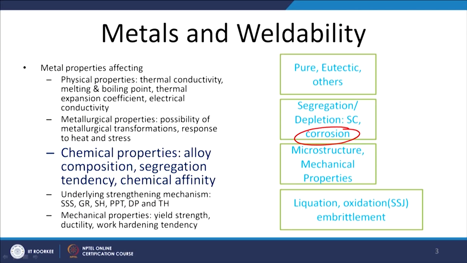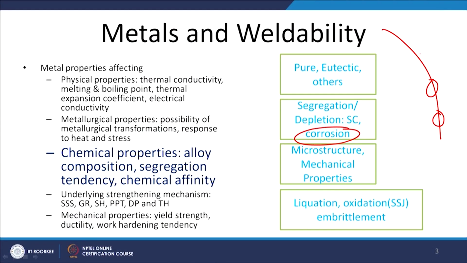Chemical heterogeneity also promotes the corrosion tendency. Like I gave one example where either the enrichment of the alloying elements at the weld center is taking place, or in the heat affected zone some unfavorable metallurgical transformation is taking place, where the phases which are being formed are enriched with the particular kind of the alloying element, and nearby we are having the deficiency of that particular element.